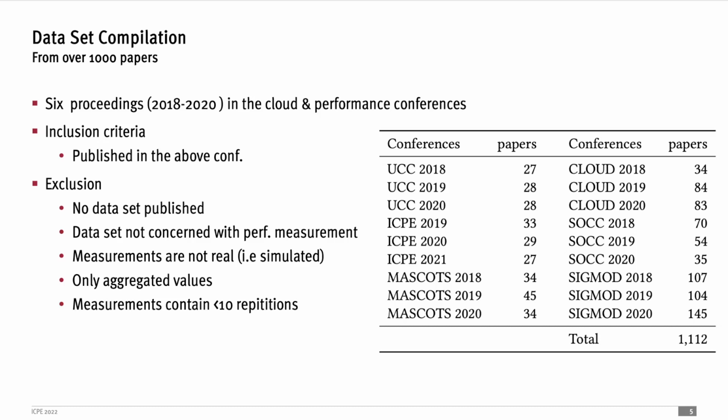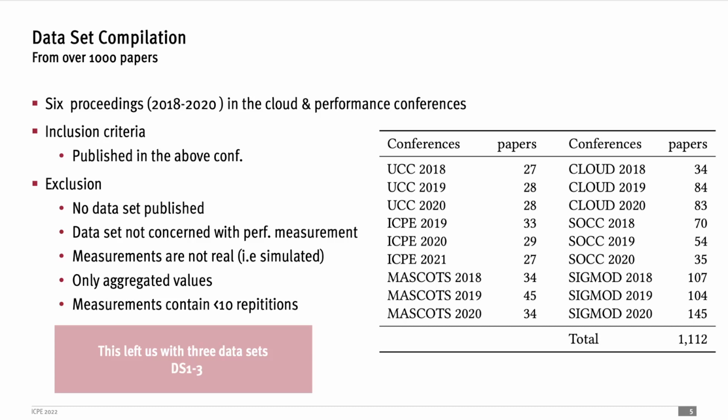We would ideally like to have 10 repetitions for each measurement, as again we're dealing with volatile environments, which of course call for that amount of repetitions. This basically left us with a very humbling amount of actually only 3 data sets, which we'll come back to later, but is also a cause of concern, as we might definitely see.